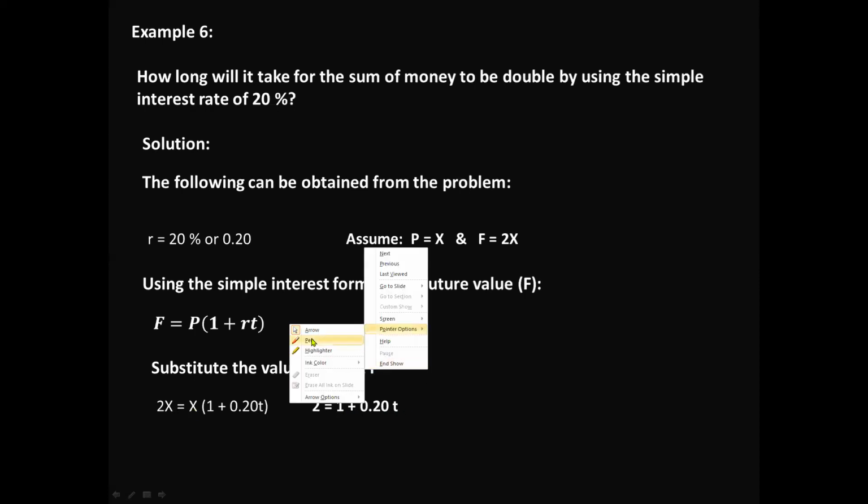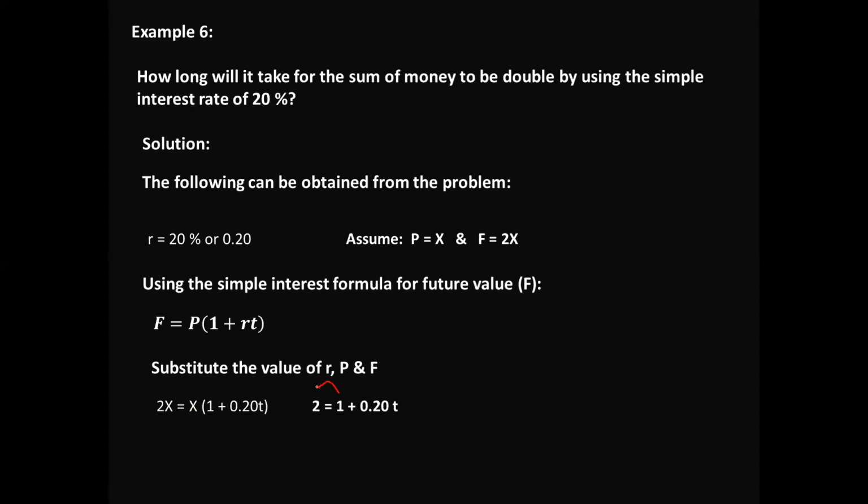Now, if I will transpose 1 to the left, magiging 2 minus 1 yan, equals 0.20t. So that we can easily determine the value for time, we divide the entire equation by 0.20. And the answer is actually 5 years. Okay? 5 years lang yung sagot.